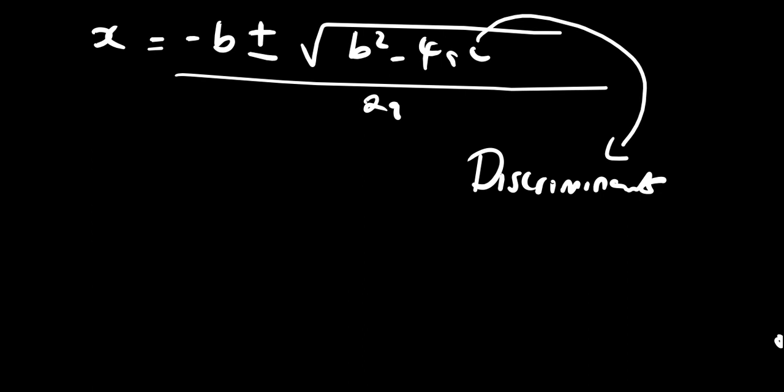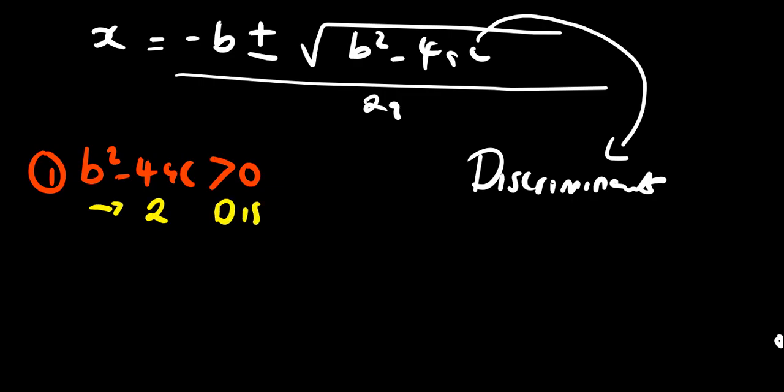Now here on the discriminant, let me make something clear. Your discriminant is b squared minus 4ac. When this is greater than 0, what this means is that you are going to have 2 distinct real roots, distinct meaning different. Roots are the answers that you get after you solve the quadratic expression or equation.